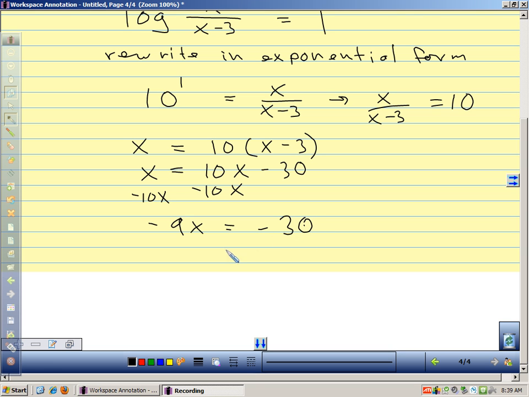And divide both sides by -9. So I get x equals 30 over 9, and I can reduce that into 10 over 3.